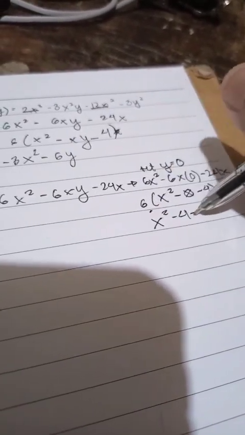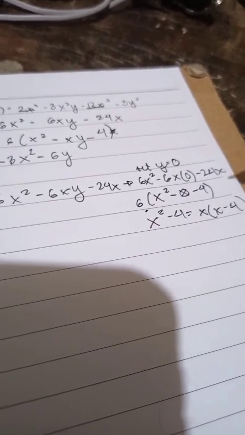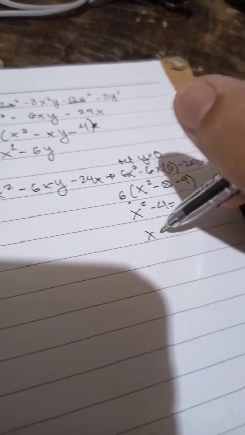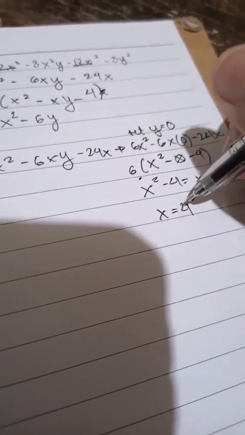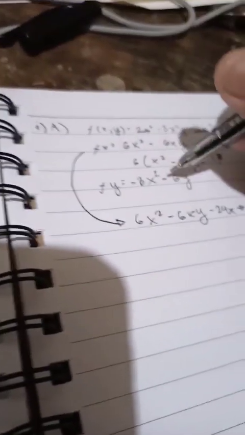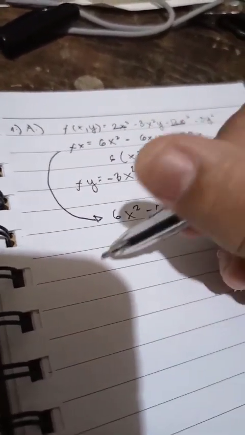Factor out an x. And you will get x equals 4. To get the y, you must substitute x into the second partial derivative with respect to y.